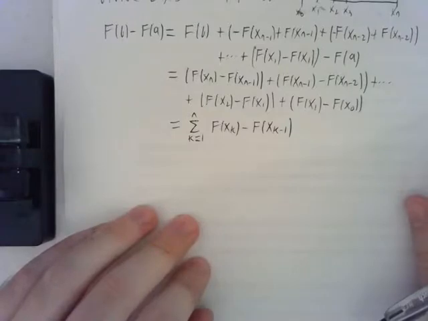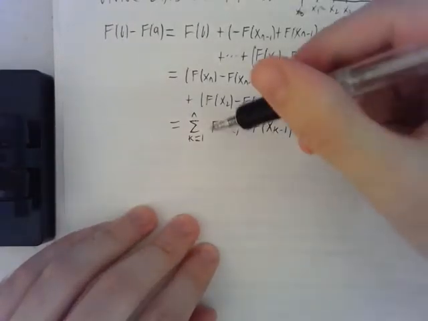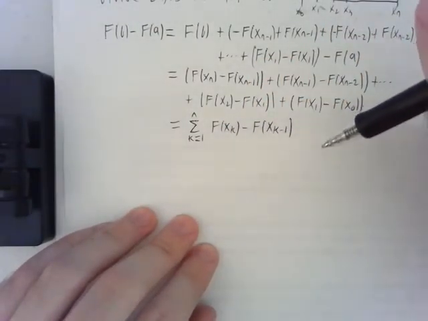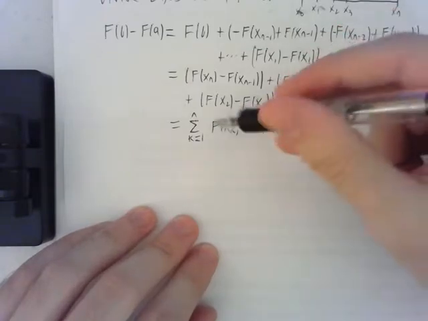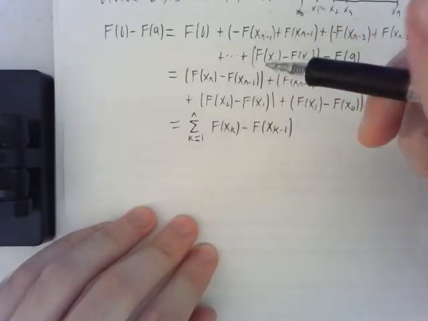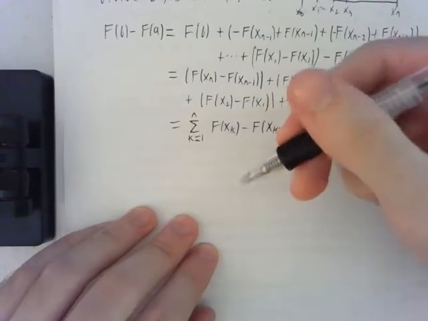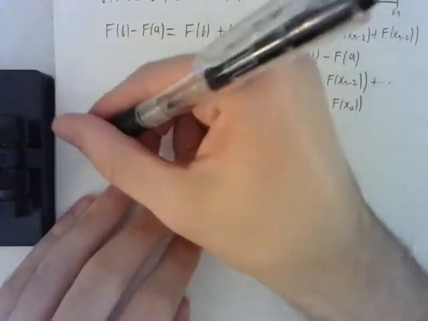This difference is actually a difference of two nearby function values. And so we could approximate this difference using a linear approximation.